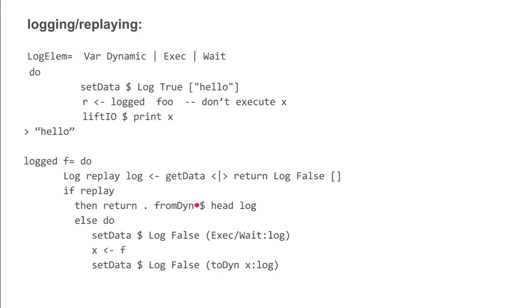So it reads the first result and matches it to the kind of data expected from F. If there is nothing in the log or there is no replay, it executes F, but first it informs the log that something is being executed or waited for. Depends. This is pseudocode, as always. Don't take this as the real code of logit.